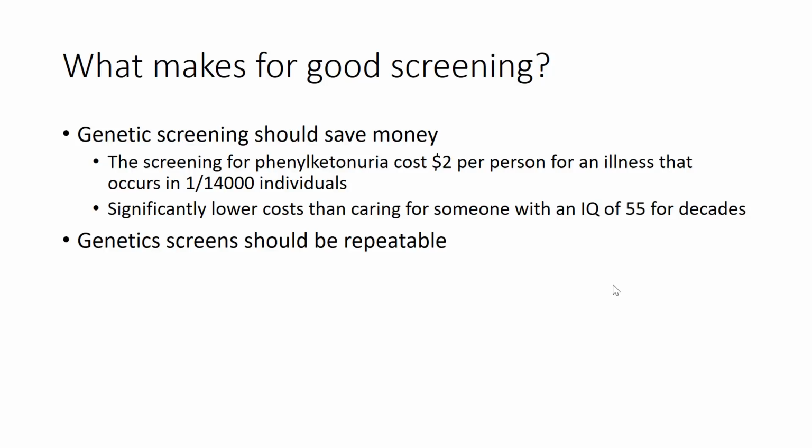And so what we mean by repeatable is if two random radiologists would look at the same test and come to the same conclusion, or thinking two pathologists would look at the same sample and come to the same conclusion, then that's a test that's repeatable. And those are successful tests because they're repeatable. A random pathologist, or a random radiologist should be able to look at one of those tests and come to the same conclusion any other pathologist or radiologist should.